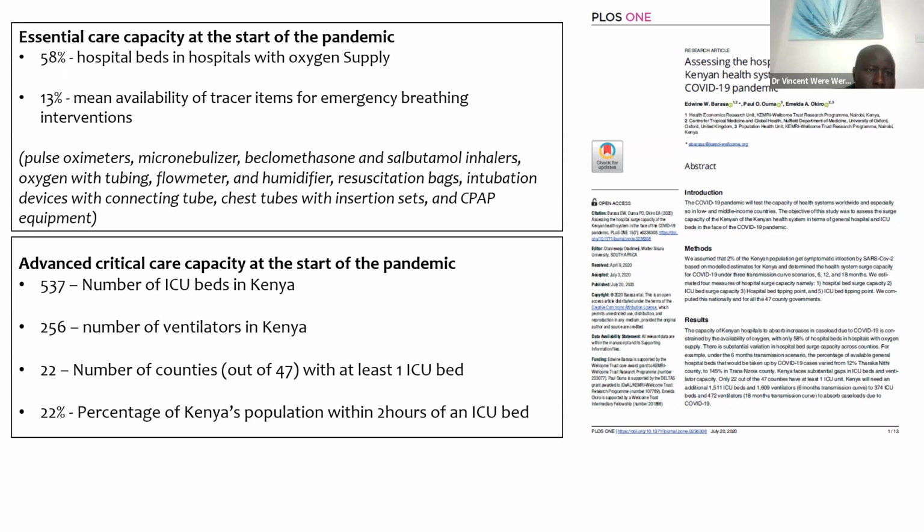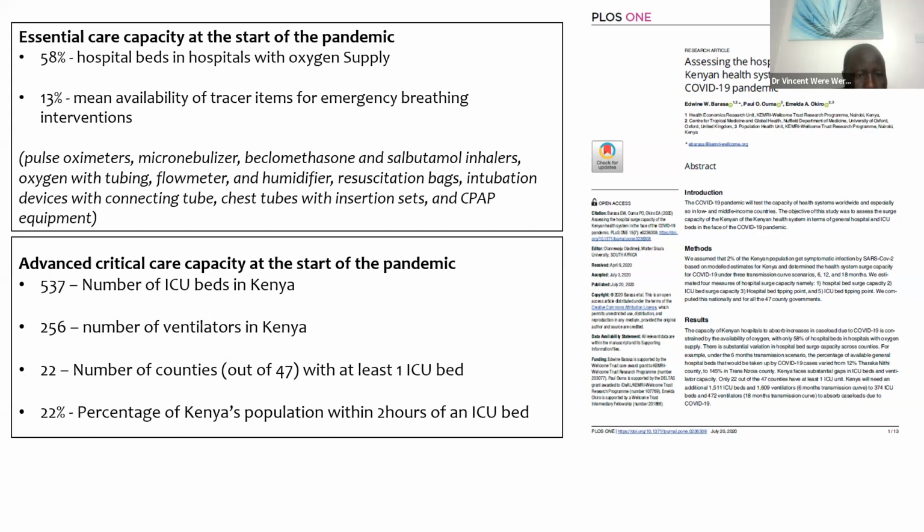And 13% mean availability of tracer items for emergency breathing. At the beginning of the COVID pandemic, for the advanced critical care that critical patients needed, we only had 537 ICU beds in the country.